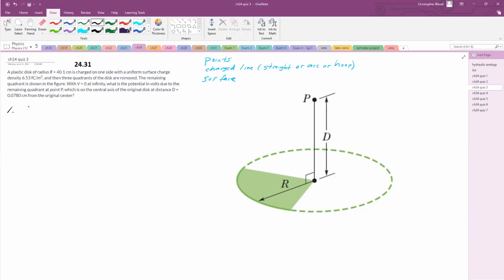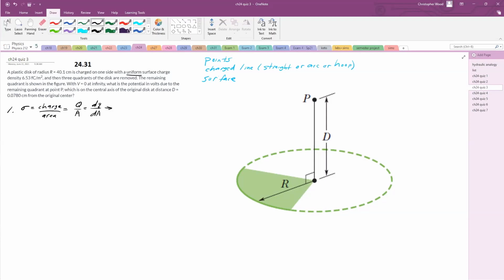Sigma, Greek letter sigma, is not charge per length. This is not a line of charge or an arc or a hoop. It's a surface. So sigma is charge per area. And is it uniform? Yeah, it is. It's uniformly charged, which means charge per area is big charge per big area. And if it's uniformly charged, it's differential charge per differential area.